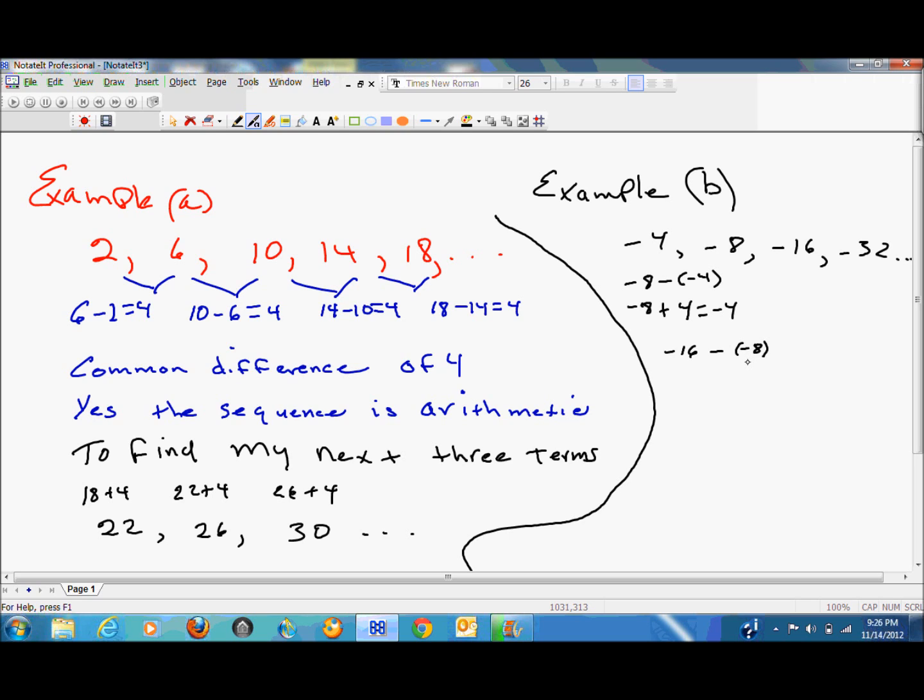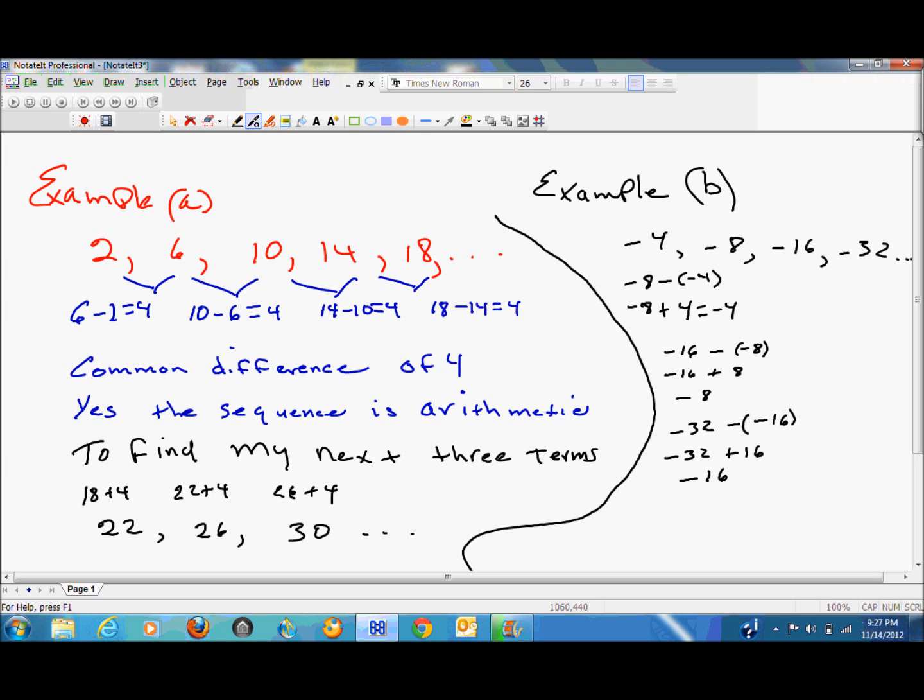So we look at that. That's going to be negative 16 plus 8. And we get a difference of negative 8. Ooh. Now we have negative 32 minus negative 16. That's going to give us negative 32 plus 16, and that's a negative 16.